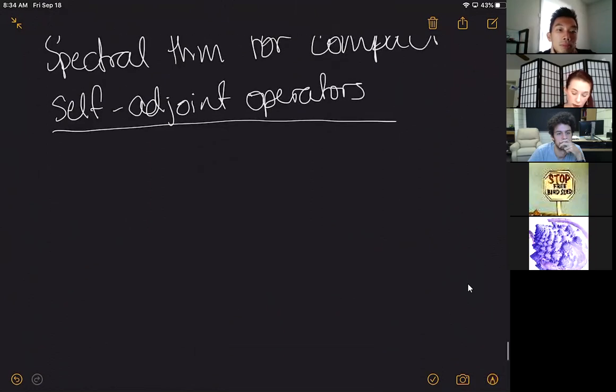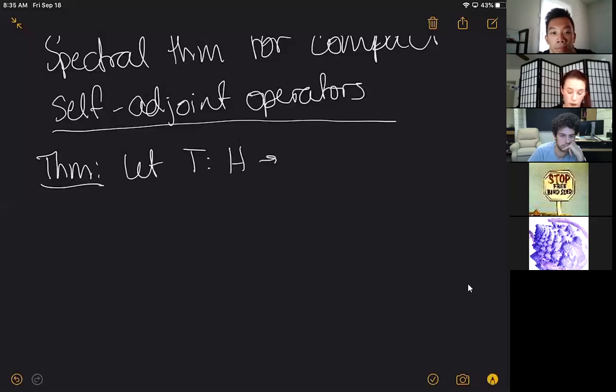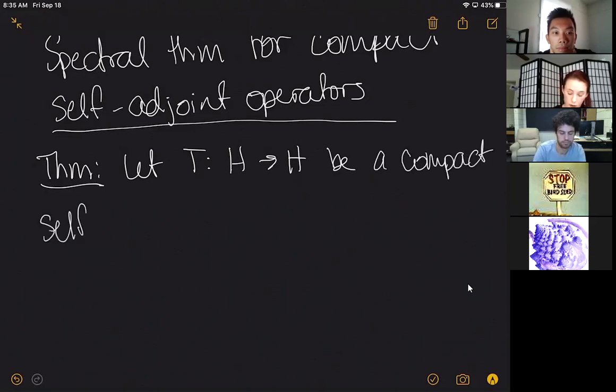And this theorem has 3 parts, and we're going to use all of them. So let T be a map of Hilbert spaces, and we want T to be a compact self-adjoint linear operator.